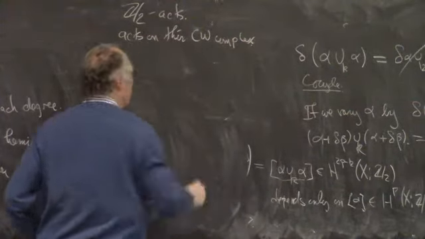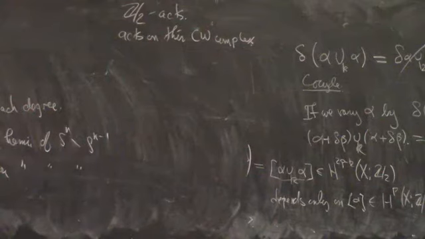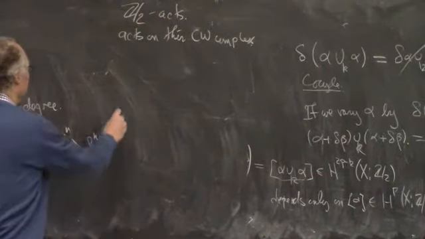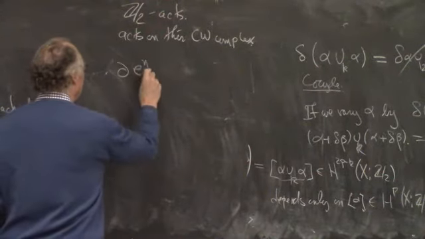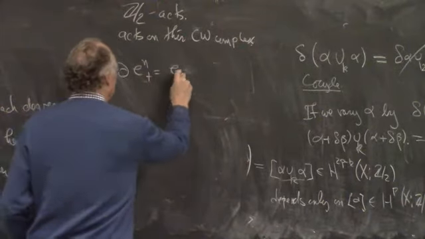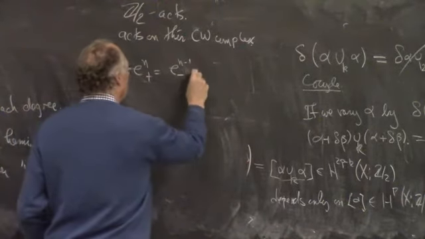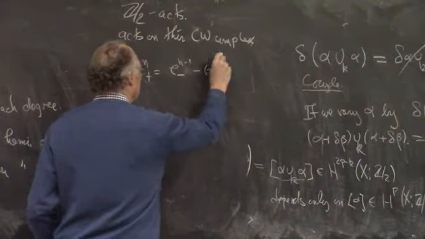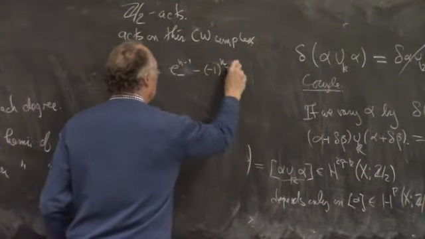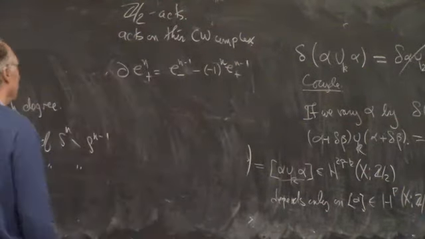And of course, it interchanges the 2 cells in any given degree. It sends e_n^+ to e_n^-, and e_n^- to e_n^+. And as I've already said, the boundary of e_n^+ is e_(n-1)^- plus (-1)^n e_(n-1)^+.